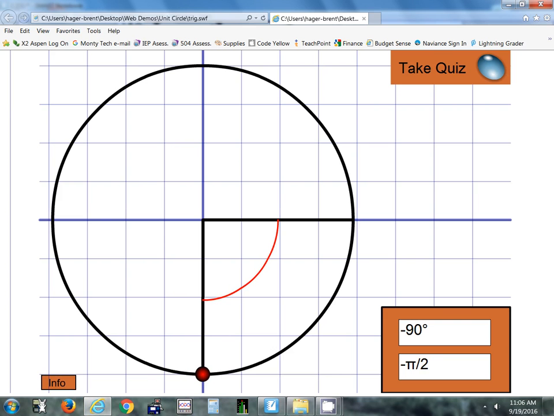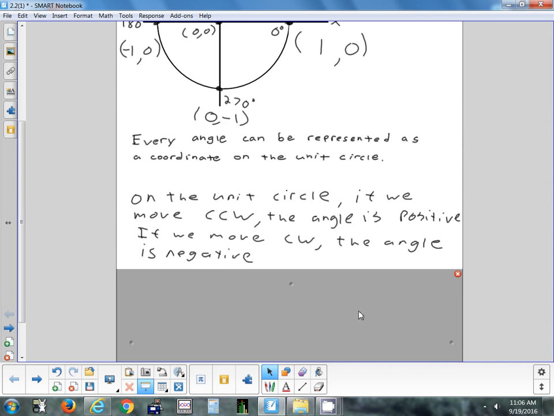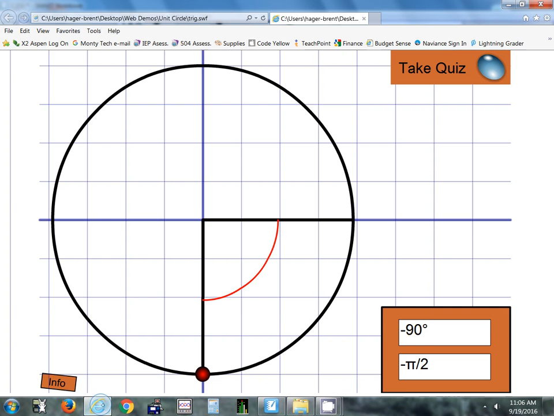So now the question is, anybody see what we could do to make a negative angle positive? Because we don't usually like to work with negative 90. I would rather work with 270. But there's something you can add to negative 90 to make it positive and turn it into 270.